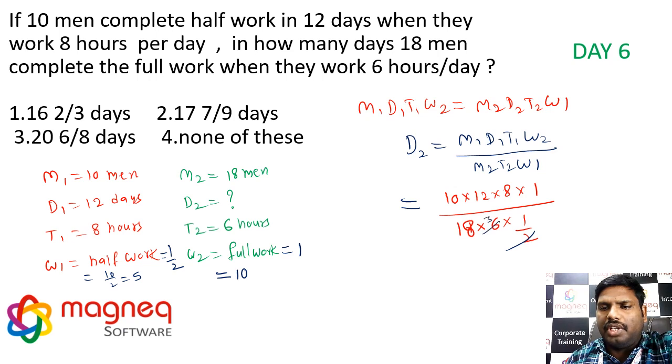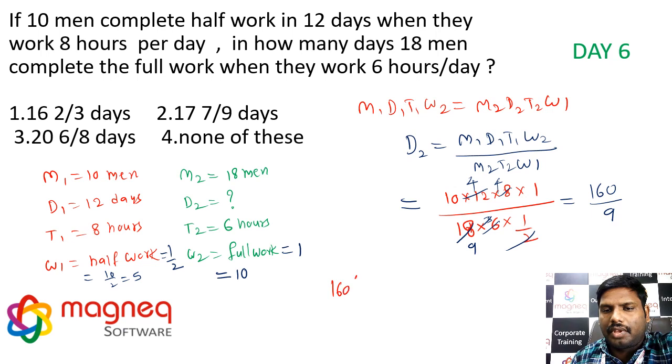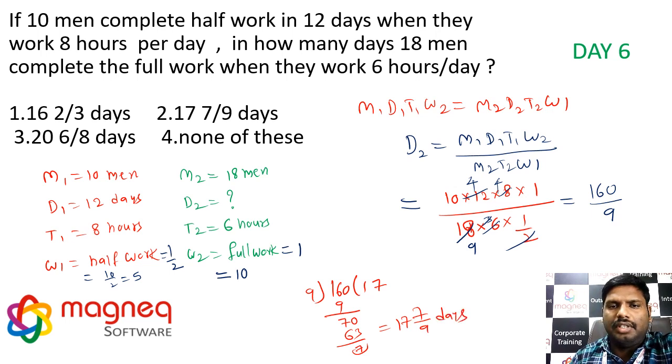So 2 into 10 into 12 into 8 gives 1920... simplifying, 160 by 9. So 9 ones are 9, 9 sevens are 63, 7 remainder, so 17 7 by 9 days. Second option, 17 7 by 9 days.